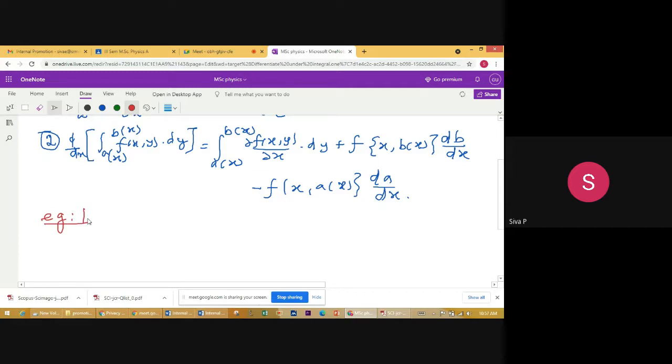Example number 1. Given that the integral over 0 to pi of dx divided by a plus b cos x is equal to pi by root of a square minus b square, where a is greater than b.